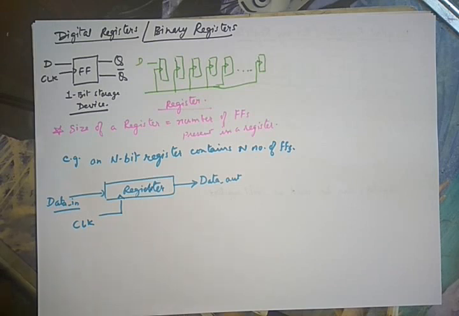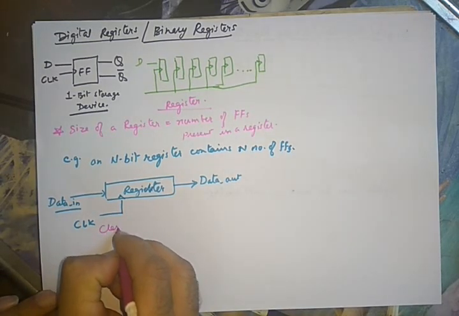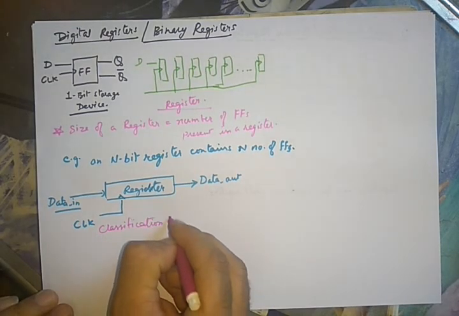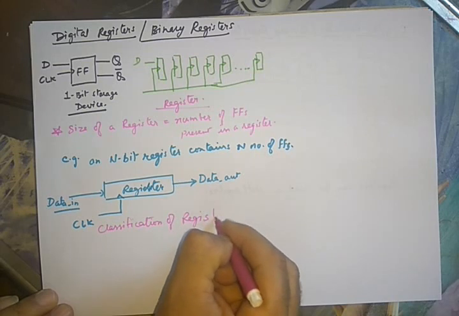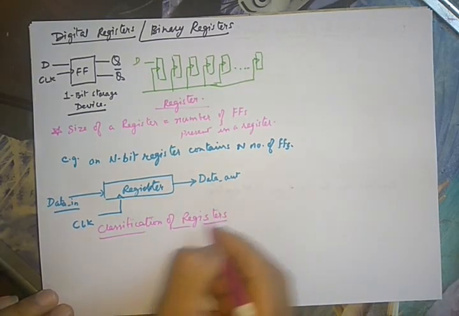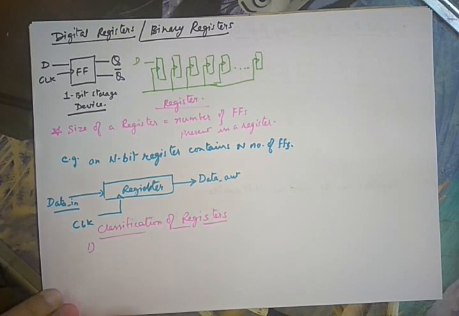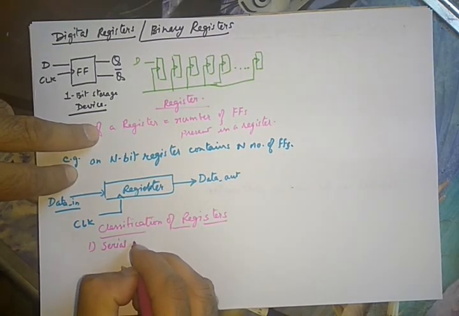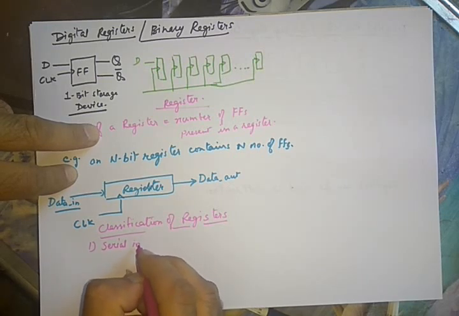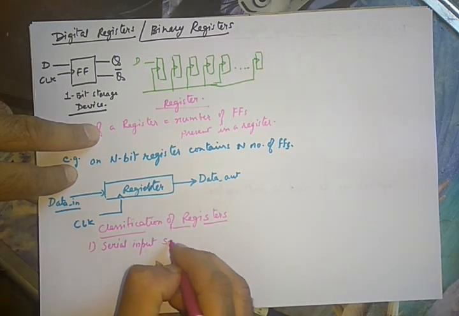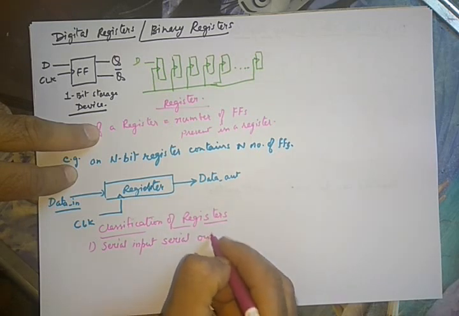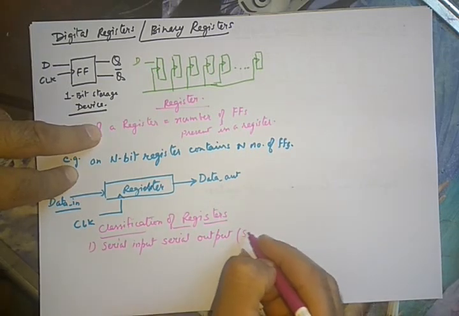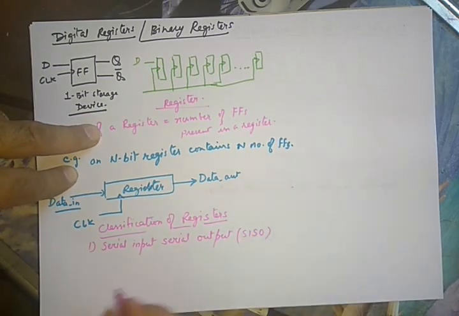Depending on this, there are 4 different types of registers. First is serial input, serial output register, that is shortly known as SISO.